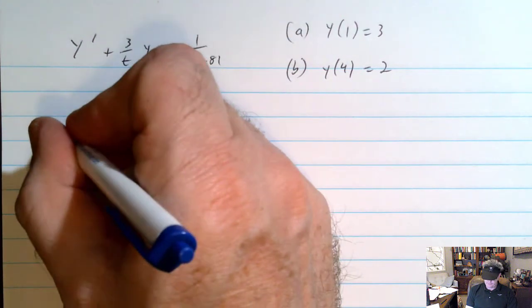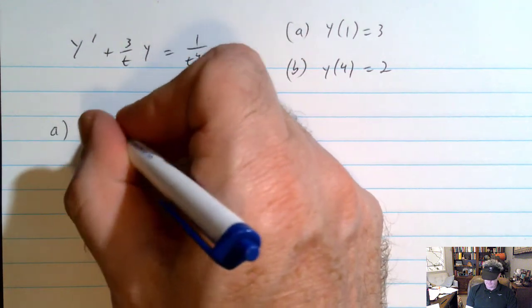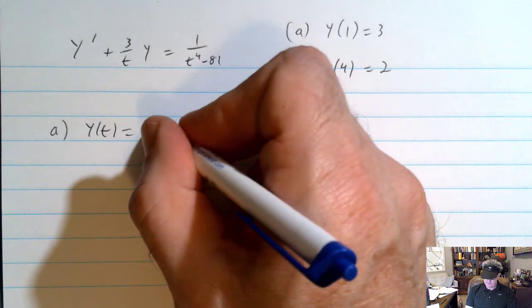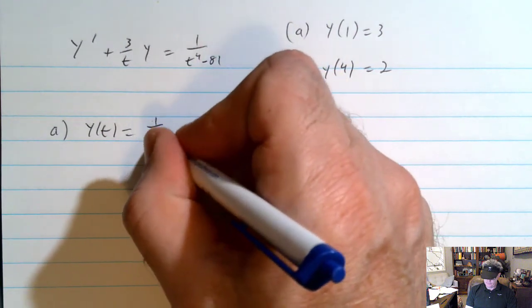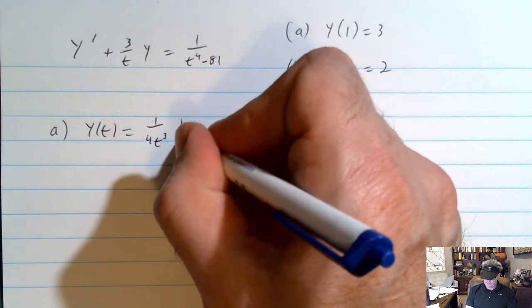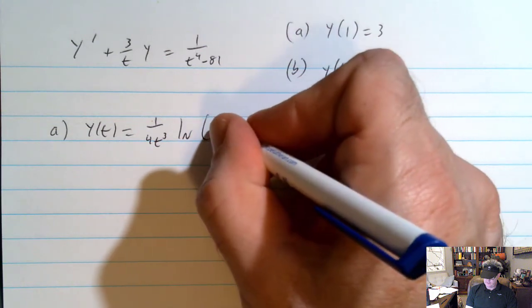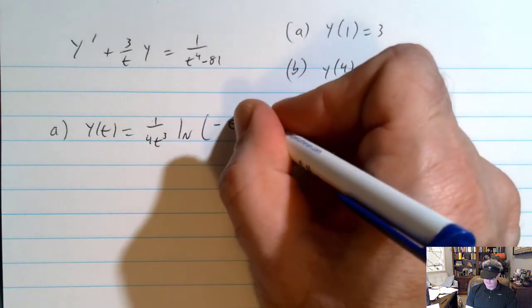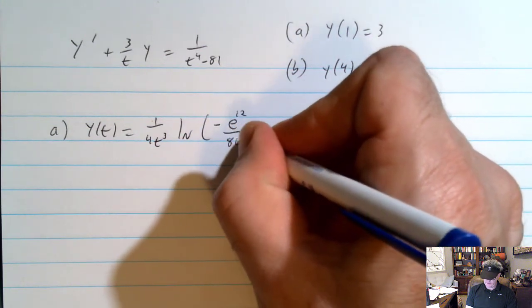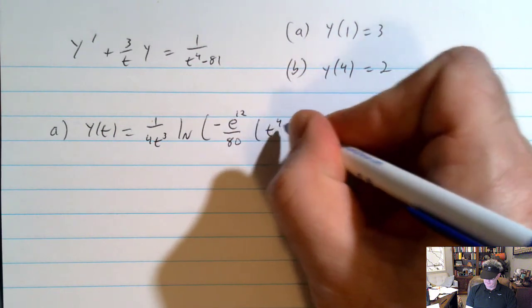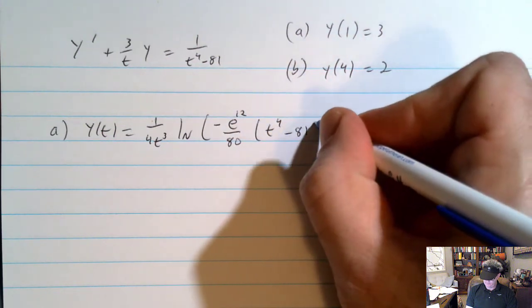So the solution was y of t equals 1 over 4t cubed natural log, then I had negative e to the 12 over 80 times t to the 4th minus 81.